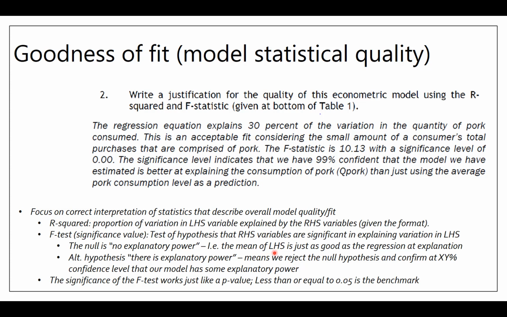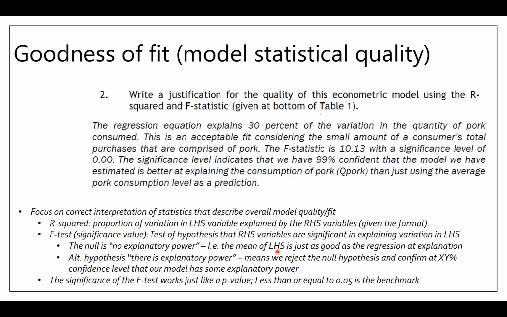In other words, the mean variable, the annual mean quantity purchased of pork, is a better predictor, or just as good a predictor, as whatever regression we've come up with, right? Remember, all of these are about how well we can predict the future or changes to quantity demanded.